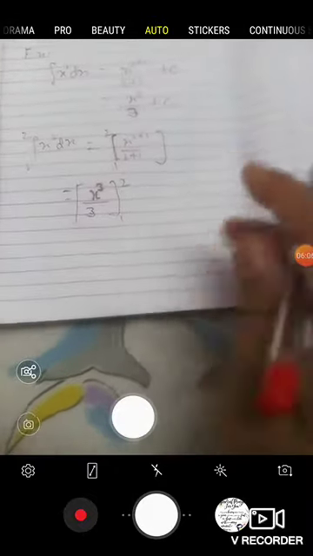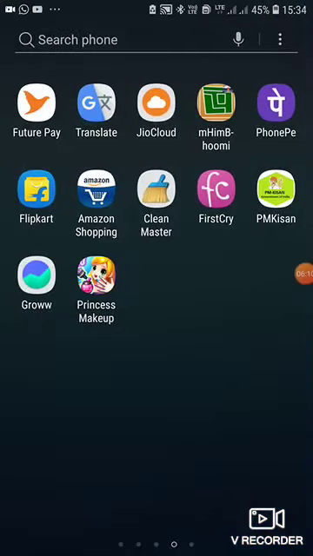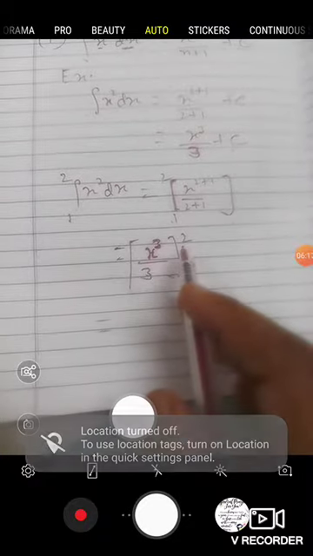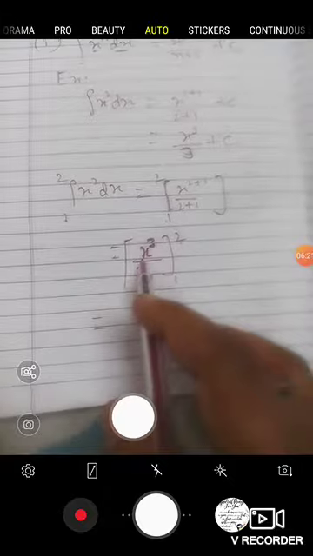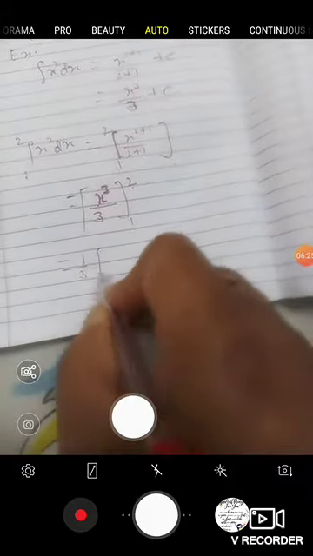Now how will I solve it further? I will put this 2 here in place of x. Now 1 by 3 is a constant, so I will take it outside.